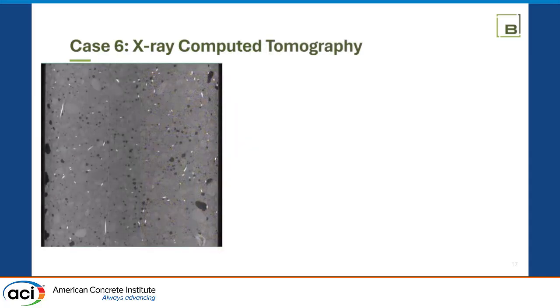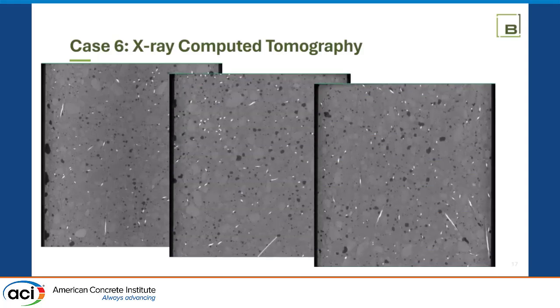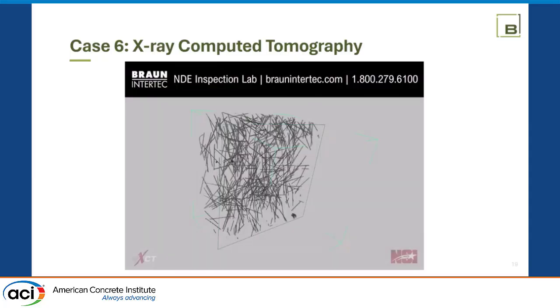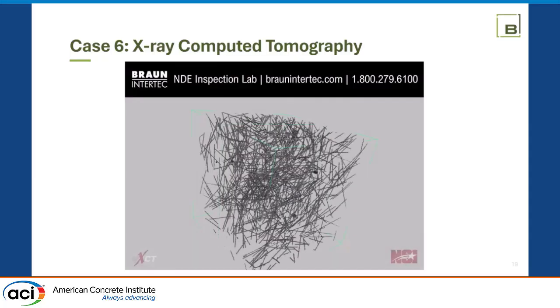We originally obtained a North Star Imaging system that does computed tomography. So we can actually take a flexural beam and put it in there. This one has steel fibers in it. And we can just keep making slices all the way through it. Once we have the slices, we can make a three-dimensional model of it. And I can say, please take away the concrete, and keep on stacking it, and so on and so on.